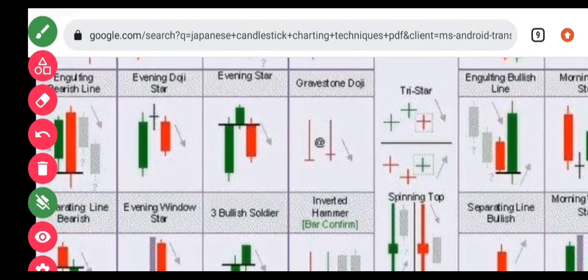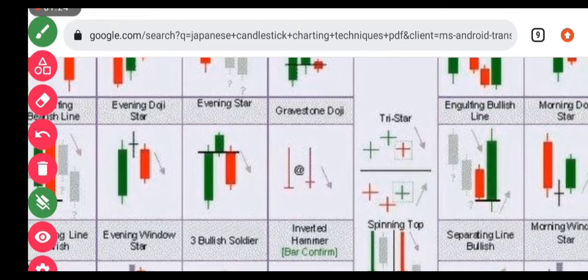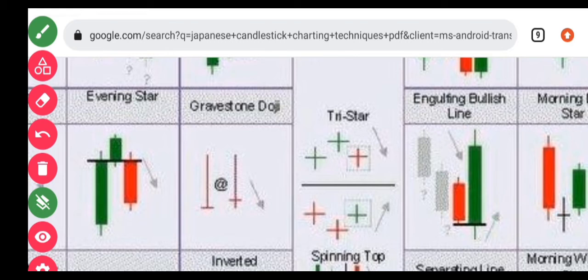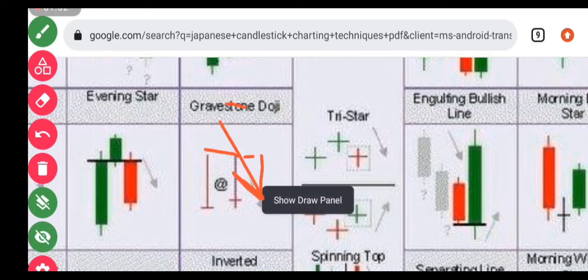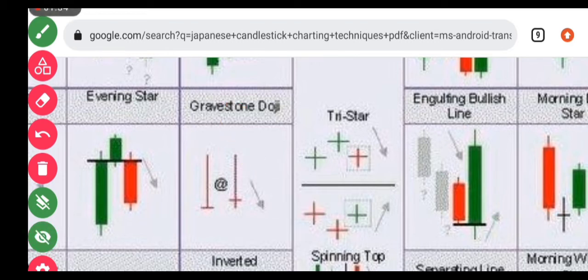For example, when we have the Gravestone Doji, meaning the price opened at a particular level, price opened here, price went up, and sellers were able to absorb all buying pressure, and price trended downwards, but eventually closed at a region so close to the open.